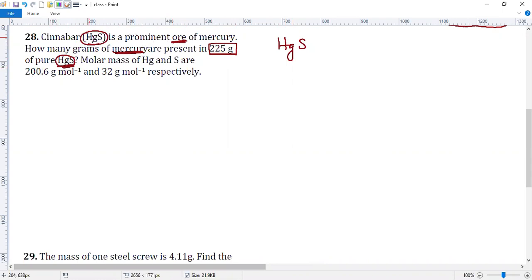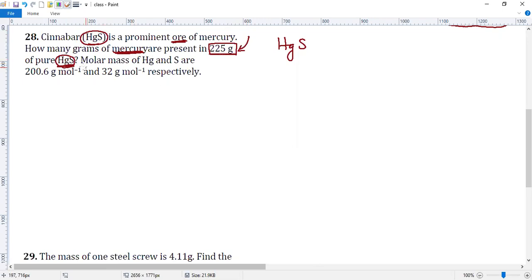You extract Hg, that is mercury, from this particular ore. So how much Hg will you get from the 225 grams of HgS in your hand? If you are trying to separate mercury from this ore of HgS, how many grams of mercury will you obtain? This is the question. Okay.